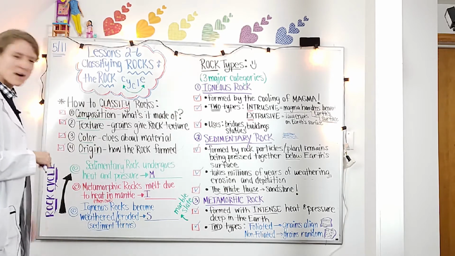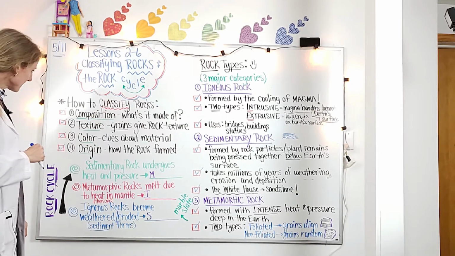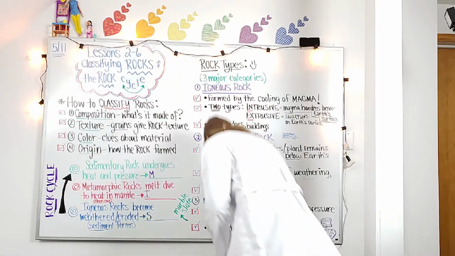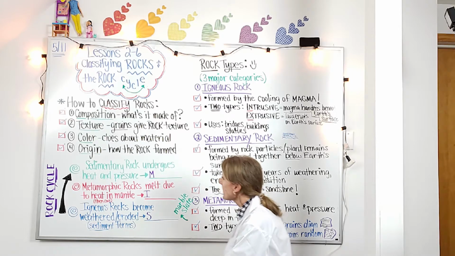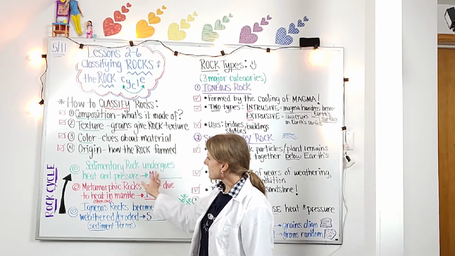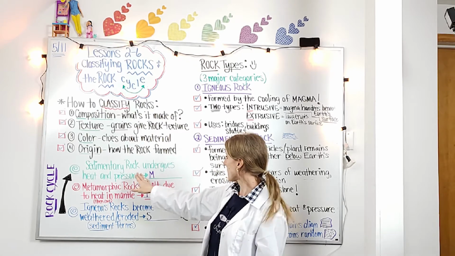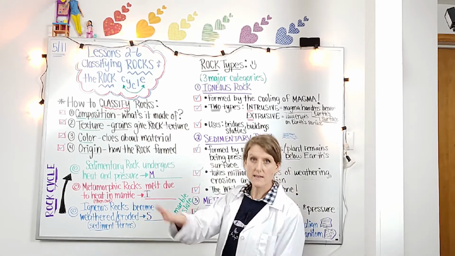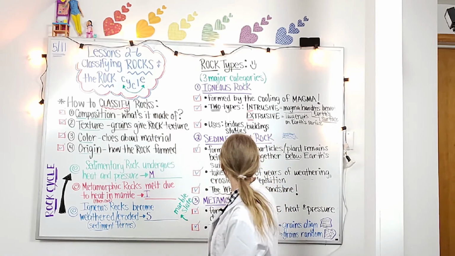The last bit here is the rock cycle, and just, again, an amazing thing. I'm going to switch to purple because I had started writing these in purple before. With the rock cycle, we are going to start by talking about sedimentary rock, which is formed by rock particles where it looks like layers over time.